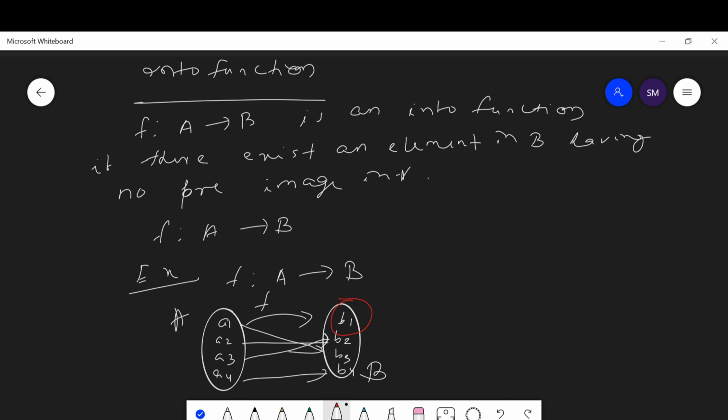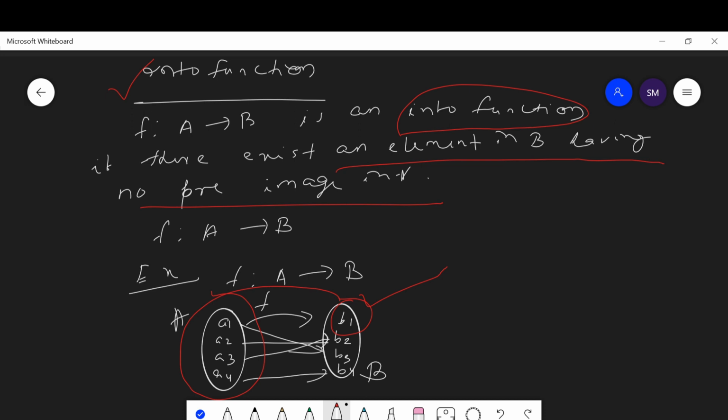Hence this is called an into function, because there must exist an element in set B having no pre-image. Here B1 is an element in set B which does not have any pre-image in set A. Okay, this is called an into function.